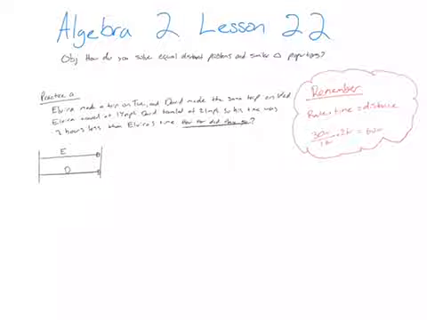So first of all, let's just set up a quick equation. We know that the distance of Elvira is equal to the distance of David.